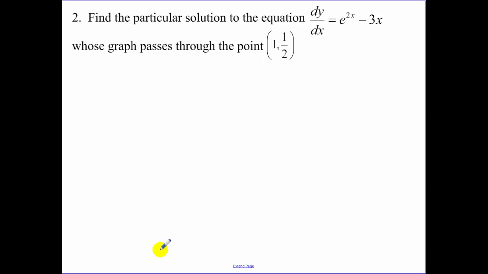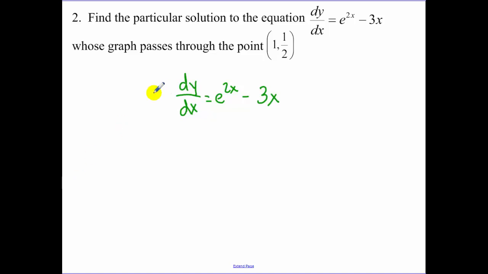Our next example, again, another first order differential equation. Okay.